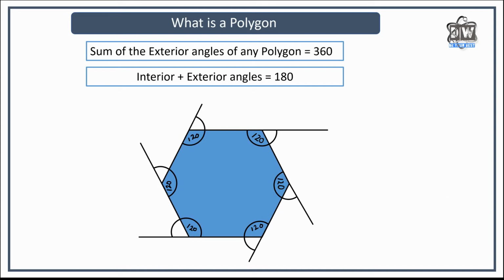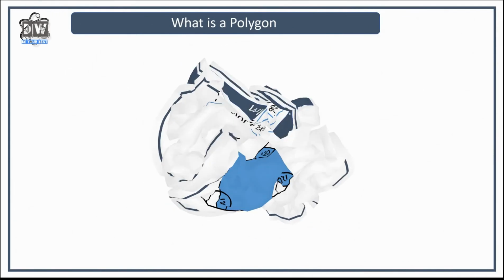So if we added up all of those, so we've got 60 here, 60 here, 60 here, 60 here, 60 here, 60 here. If we added them all together, we would end up getting 360 degrees. So that's really, really useful when we're answering questions. Those two pieces of information: that creates a straight line, the interior plus the exterior angle equal 180 degrees, and all of these exterior angles added together give us 360.